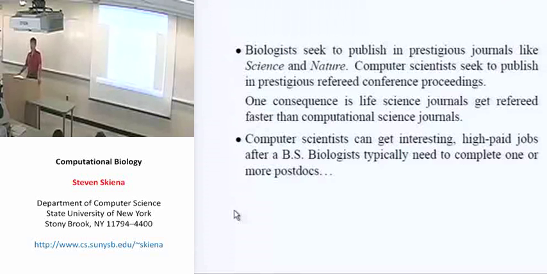Historically, if you send a paper to a computer science journal, you will wait a year till you hear anything. Whereas if you send it to a life science journal, you will get a response in 3 weeks if it's a decent journal. If it's a very good journal, you might get it rejected in 24 hours. The difference is that they care about their journals more than we care about ours.